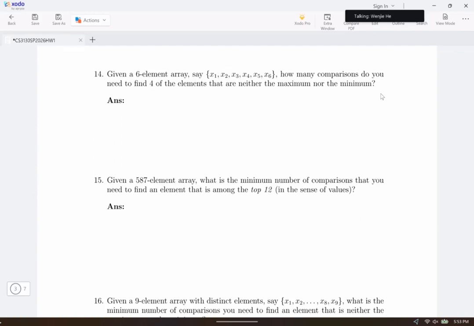The problem is when we need to find 4 elements, not maximum, minimum, but we do not work on these 4 elements directly. We work on it indirectly. So that is, we work on the complementary set.